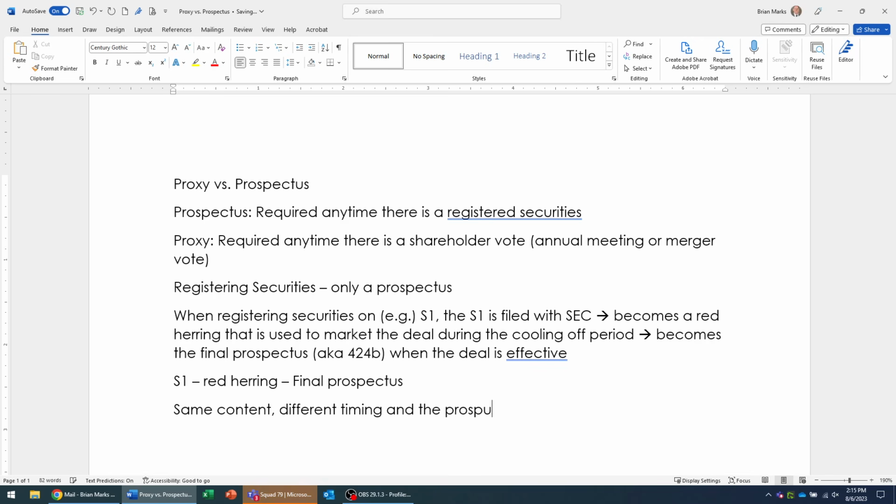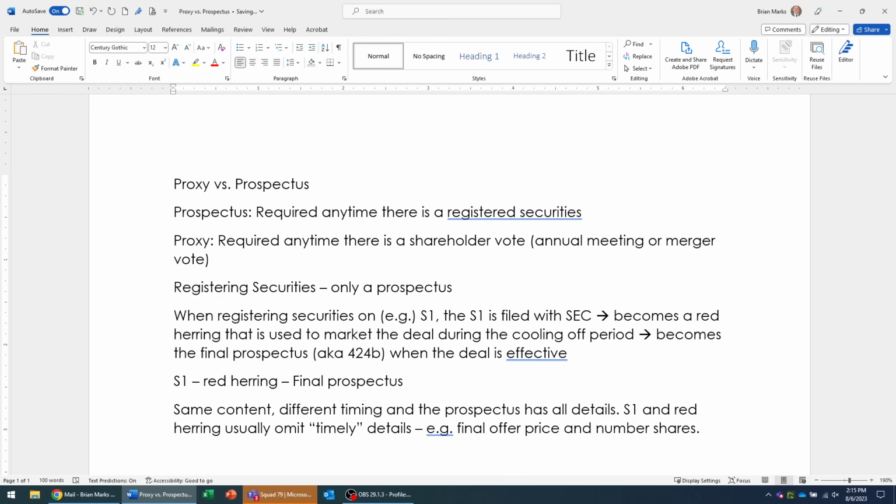The prospectus has all details, whereas the S1 and red herring usually omit timely details, such as the final offer price and number of shares. Okay, so the documents are the same, different cover pages. They only omit those timely details of the transaction. So that's our critical differences there. Now, a proxy.